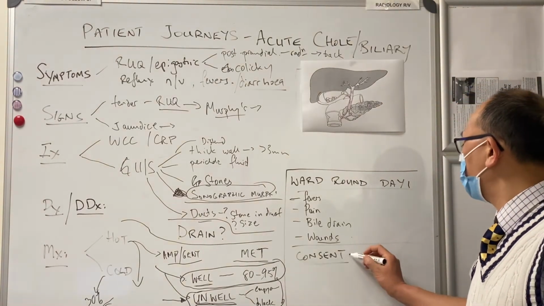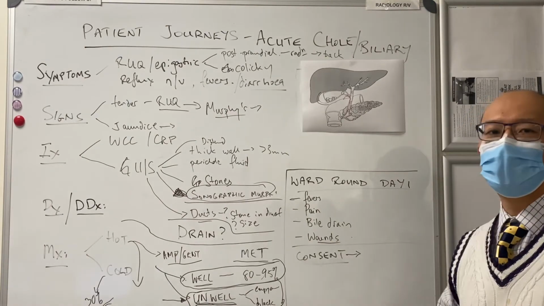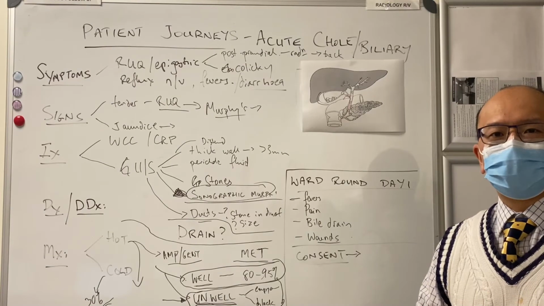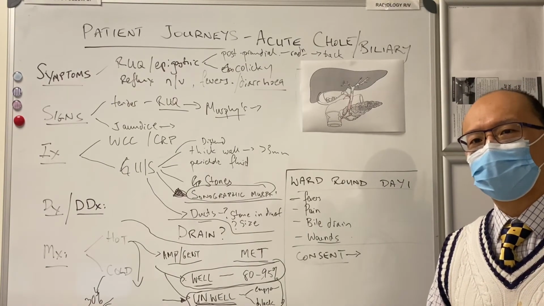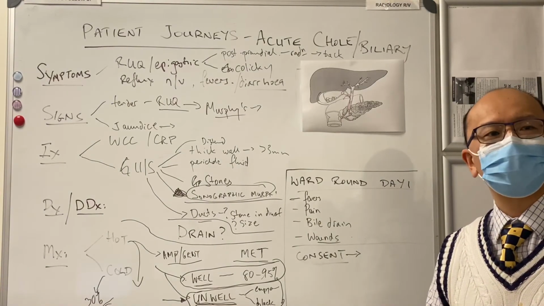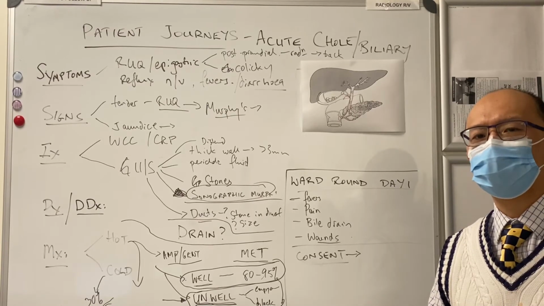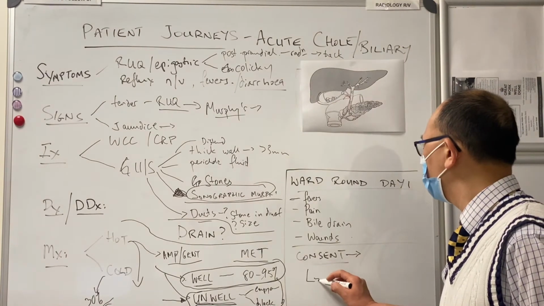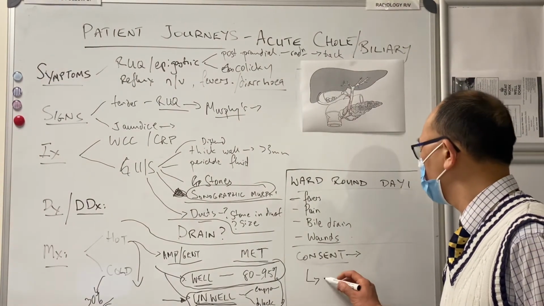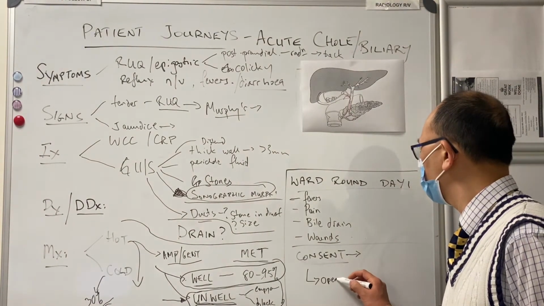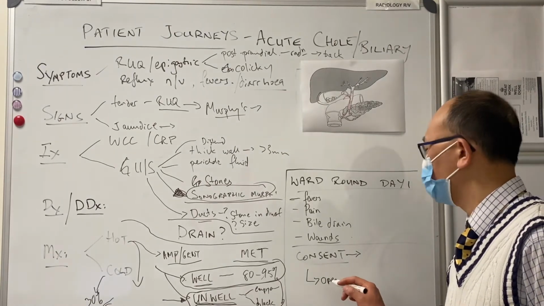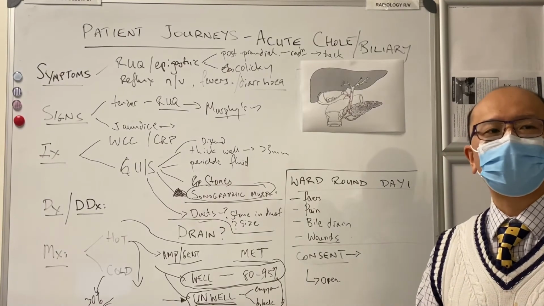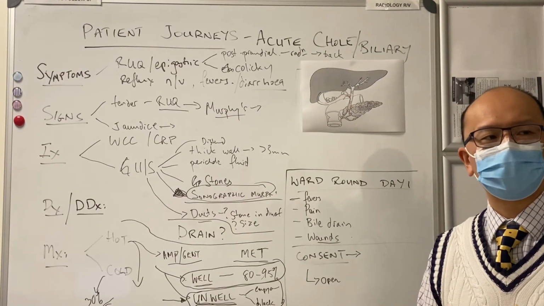I'll just talk a little bit about the consent for a lap chole. What's the main complication we need to consent for? Anyone except for the registrars know? One would be an open procedure. The other might be that you could cause pancreatitis, or major bleeding. Not really. There's a catastrophic complication that we have to consider.